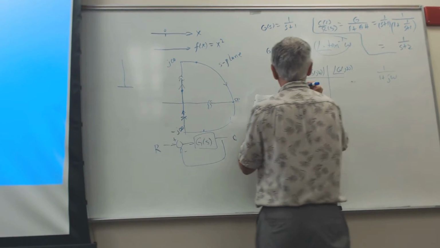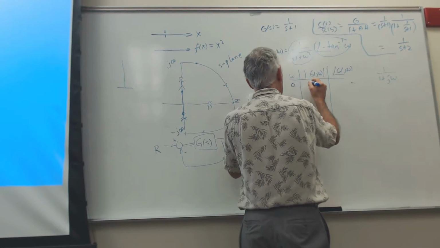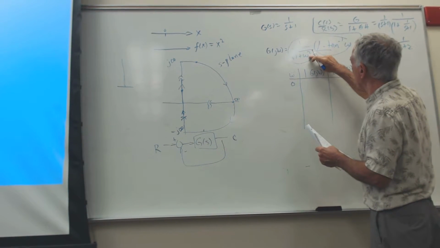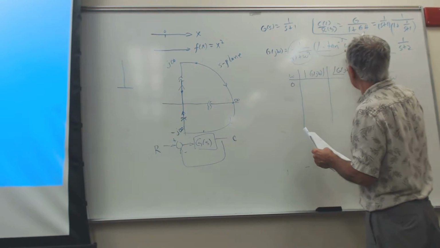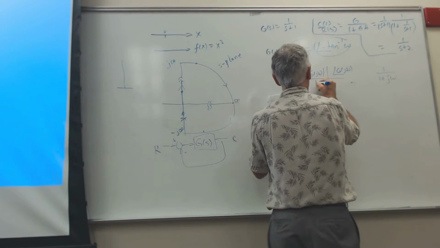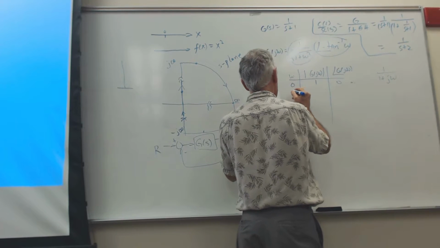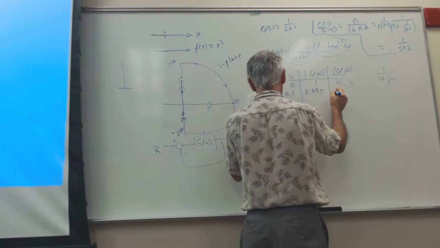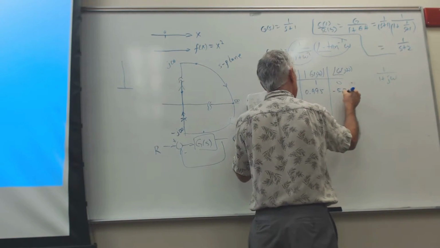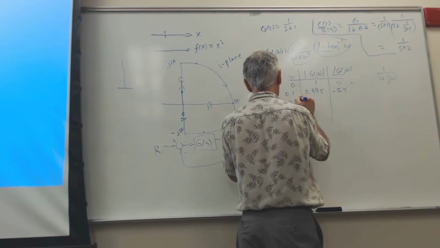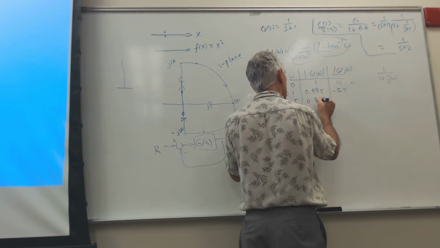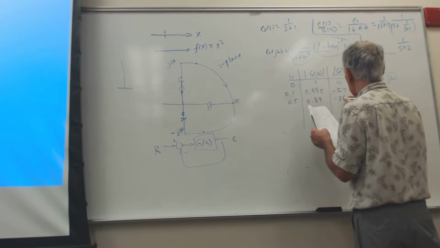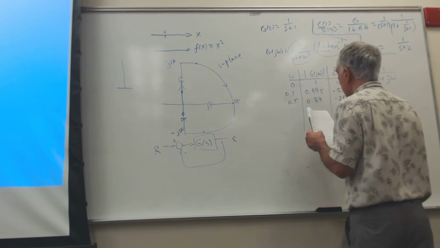So if we run a little frequency response, at omega equals 0, this gives you 1, this gives you 0, right? 1, 0. So then several other points. At 0.1, it gives you 0.995 at an angle of -5.7. Okay, at 0.5, we get 0.89, so it's getting smaller in magnitude, and the phase is getting larger in the negative direction.